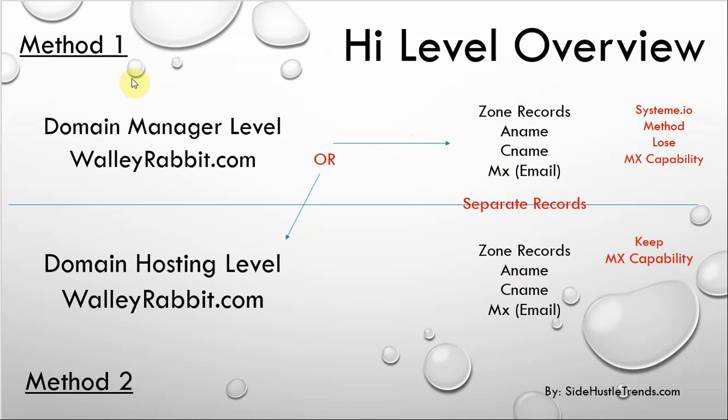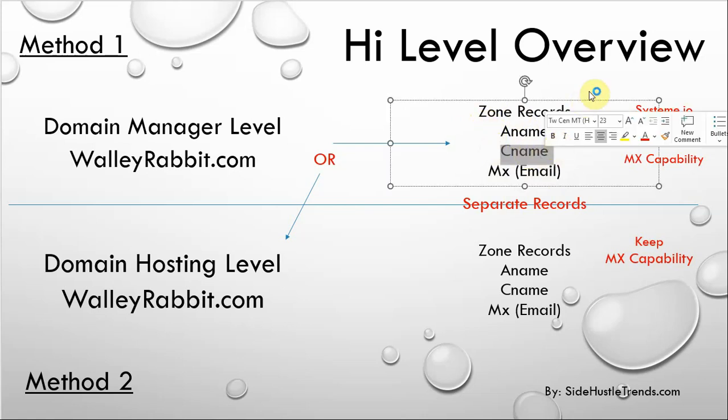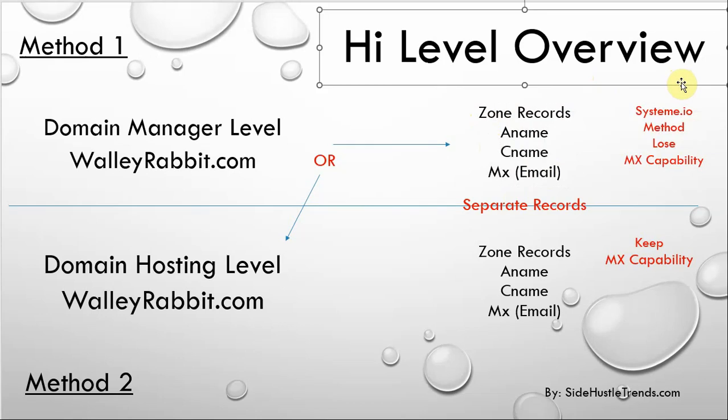When you go buy a domain, there's what's called the domain manager level. That's just the name. You just get the name, and within that manager you can set up zone records, A names, all this good stuff, MX records, and basically in here is where you forward this over to Systeme.io.